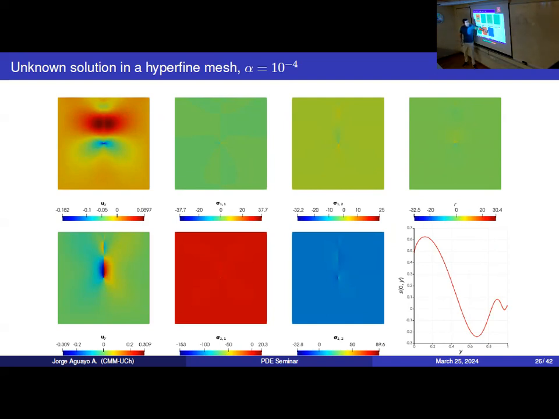But you can see some weird things, like in the sigma tensor. We don't see it at this point, just in the origin, where we have some discontinuity jump.